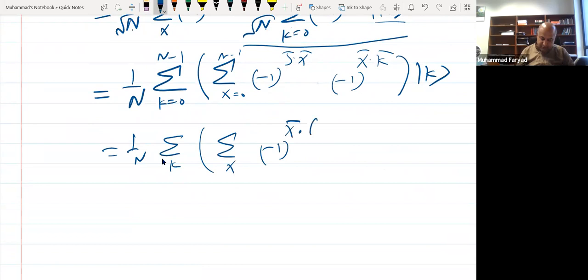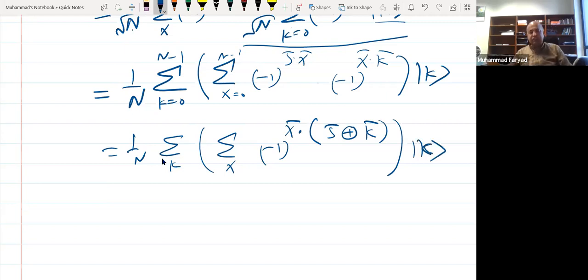Let's take x common and add s, and since all additions are modulo 2, this is x·(s+k), into |k>. So this is the final state, and let's see what it looks like.